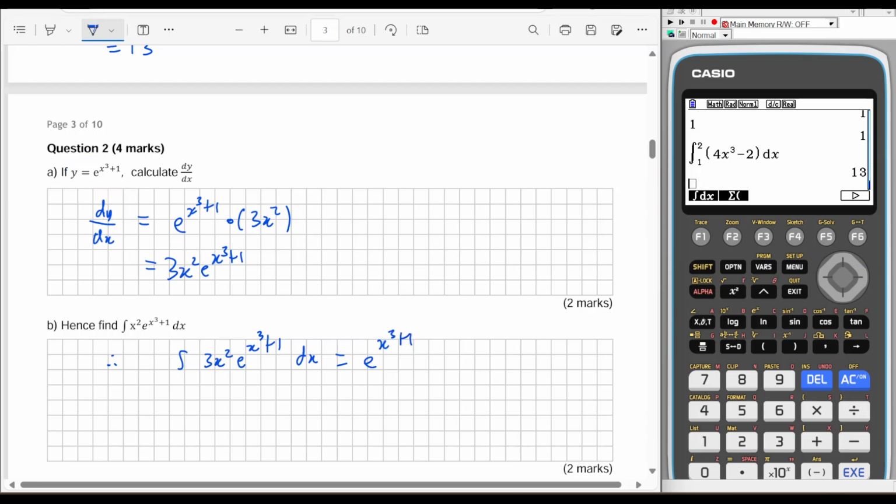Okay, so we can pull the 3 out. Well, first of all, before we pull the 3 out, we got to say from a. Then we can pull the 3 out. So 3 integral x squared e to the x cubed plus 1 dx is e to the x cubed plus 1. So this is properties of integrals.